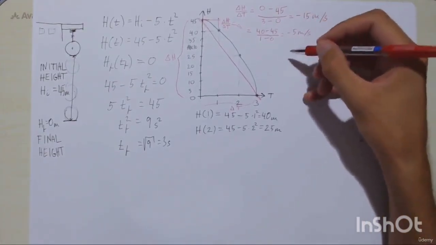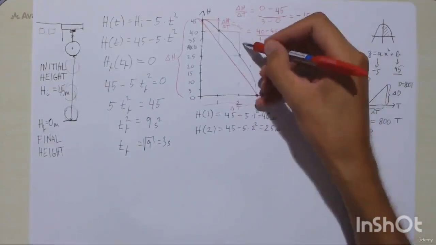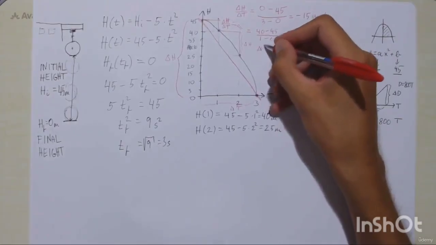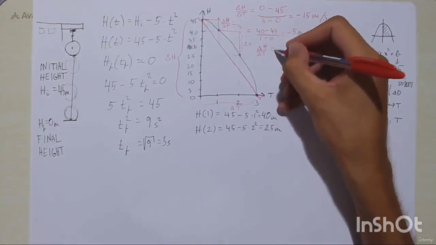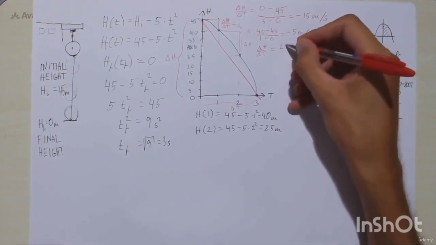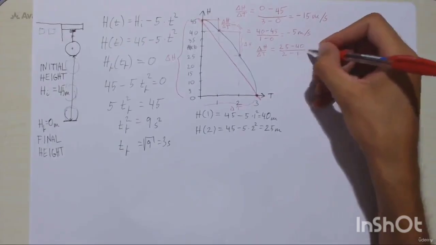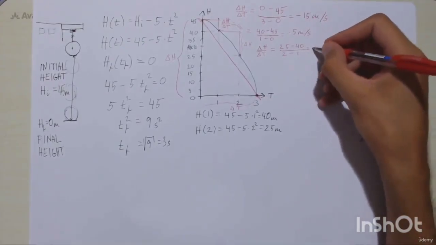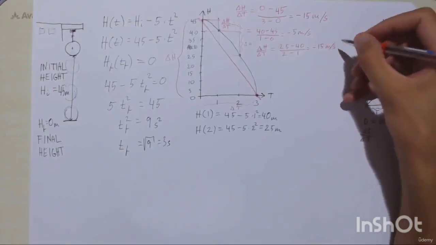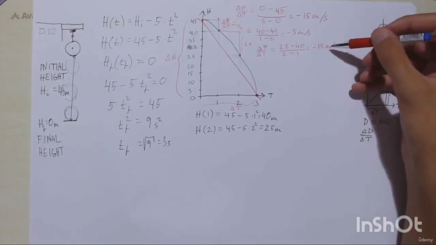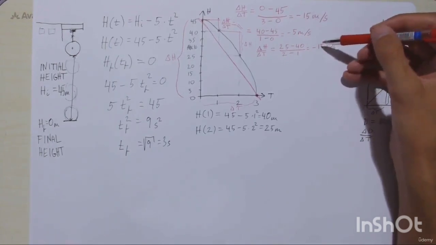We can also take the other interval, which is 1 to 2. So here, the delta h over delta t would be 25 minus 40 over 2 minus 1, which would be minus 15 meters per second. And notice this is the same as the initial one. So here the average change corresponds.